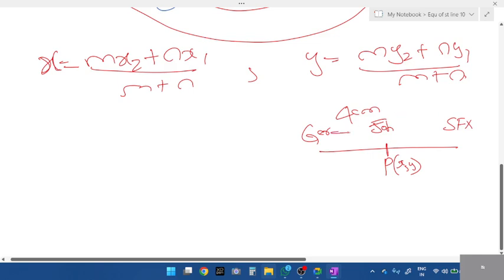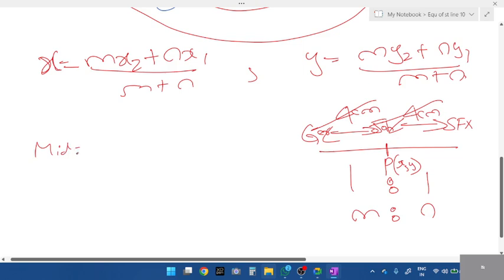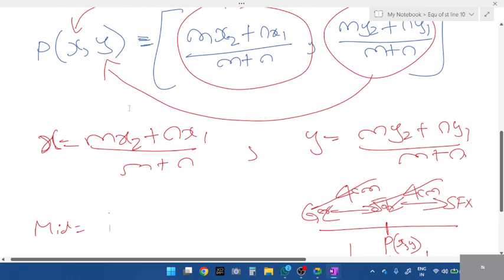What will be the distance, students, if it is in between? Even this also should be 4 centimeters. What is the ratio? If I reduce, what is the ratio? 1 is to 1. M is to N is equal to 1 is to 1. Therefore, midpoint formula. We use the same section formula.